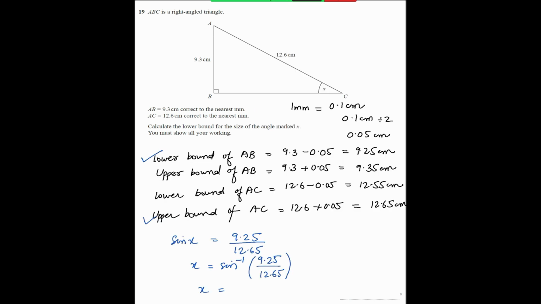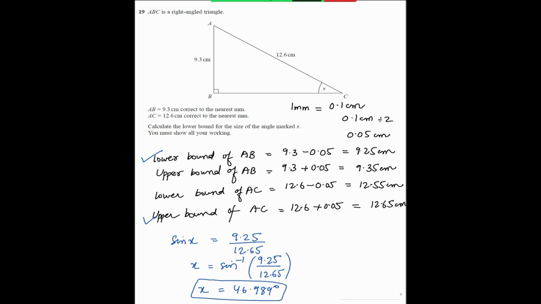So we will write there 46.989. And that's your answer. So this is the answer for the lower bound of angle X.